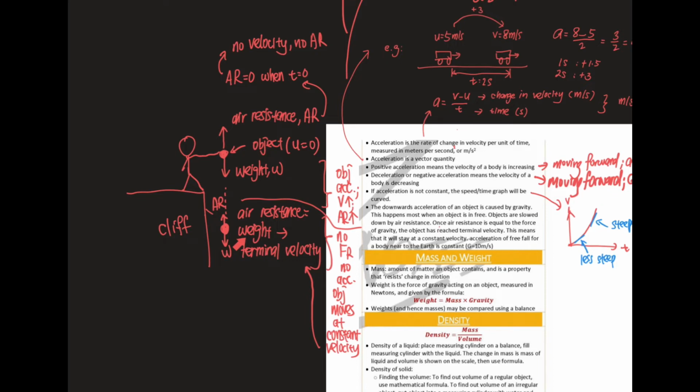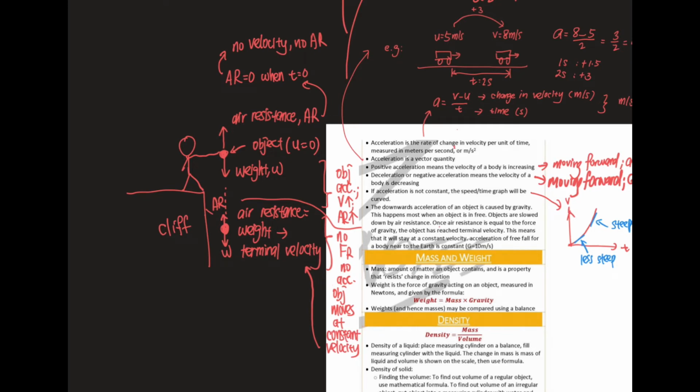So when weight equals air resistance, weight is acting downward, air resistance is acting upwards. So they are balanced off. At that point, there is no resultant force. When there is no resultant force, we have a formula here, Newton's second law.